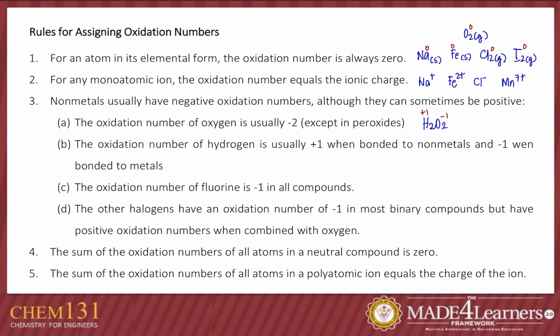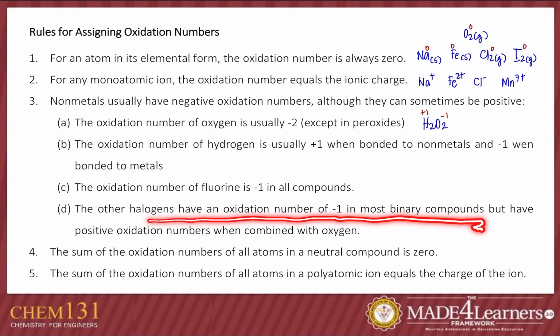Alright? Letter C. The oxidation number of fluorine is negative 1 in all compounds. So why libog si fluorine? Fixed siya. Loyal siya sa negative 1. It's always negative 1. Next, the other halogens have an oxidation number of negative 1 in most binary compounds. When we say binary compounds, meaning duha ka.